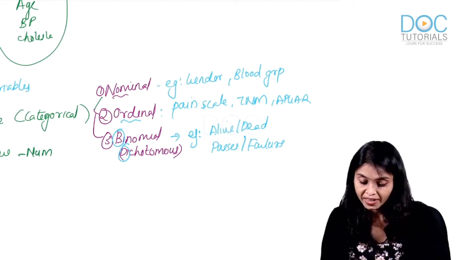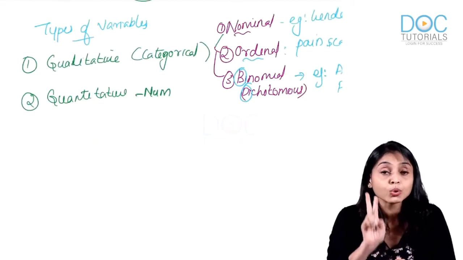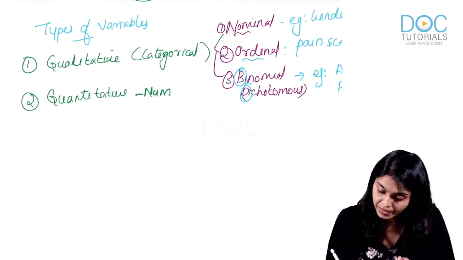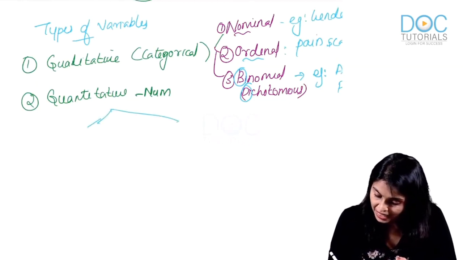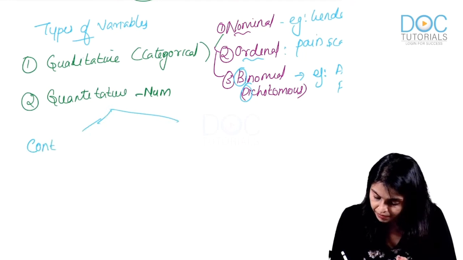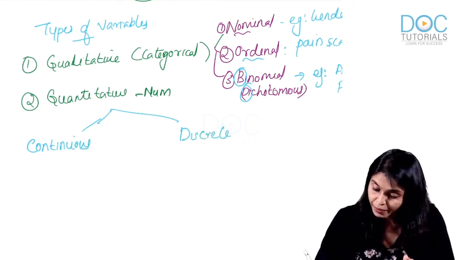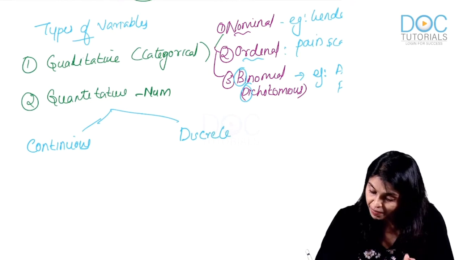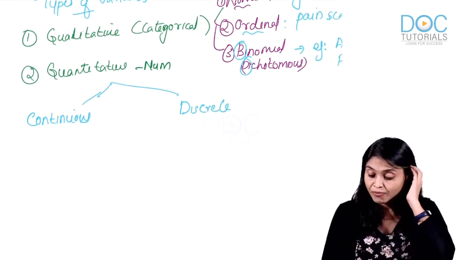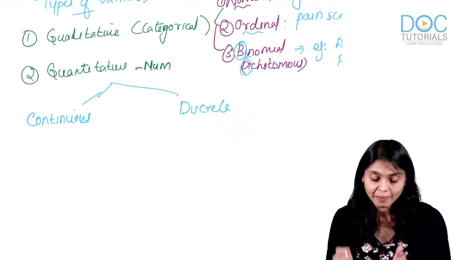Now moving on to quantitative, there are 2 subdivisions for quantitative. It's easy. One is continuous variable, and the second is discrete variable. Now what do you mean by continuous? As the name indicates, continuous means you can have a continuum of values. That means decimals are possible.